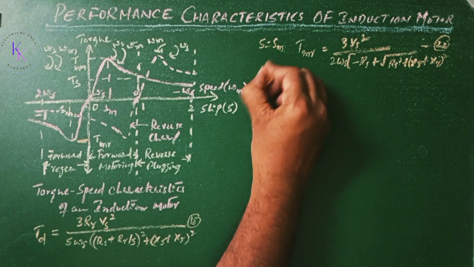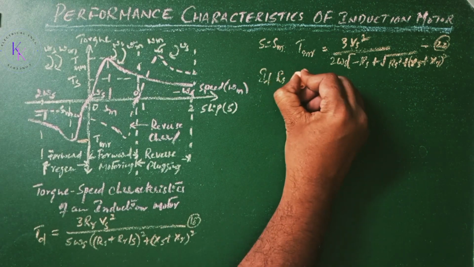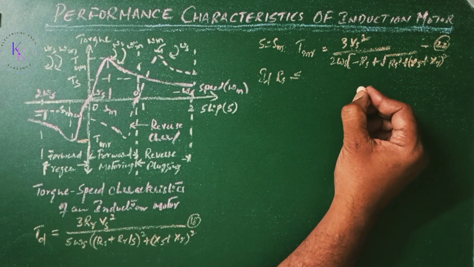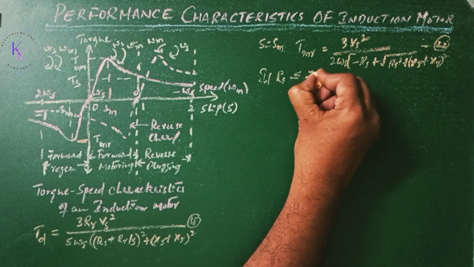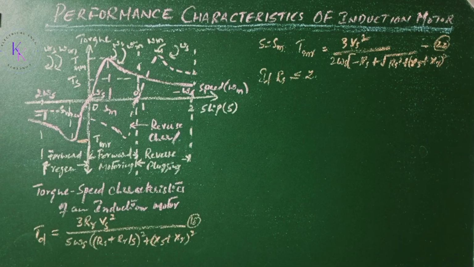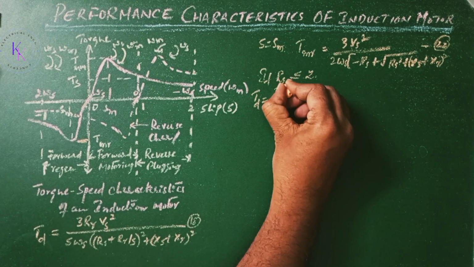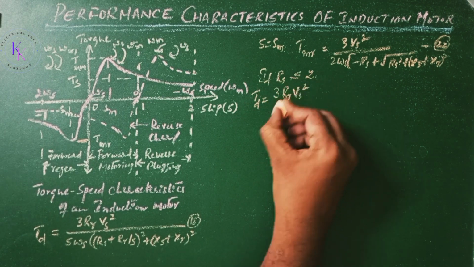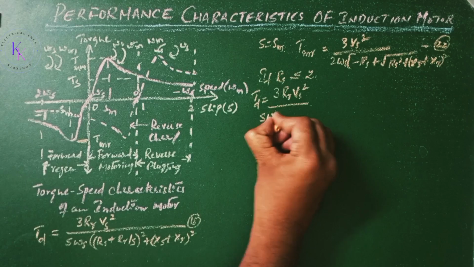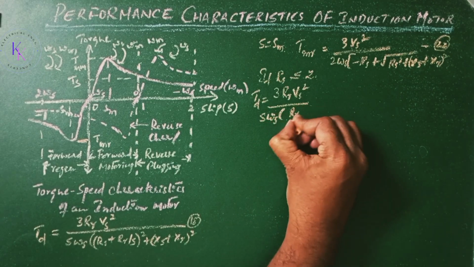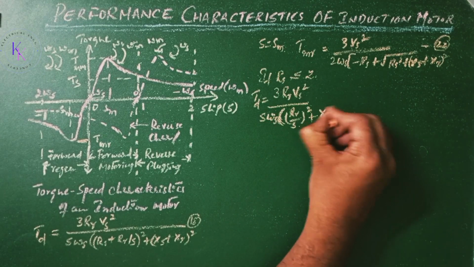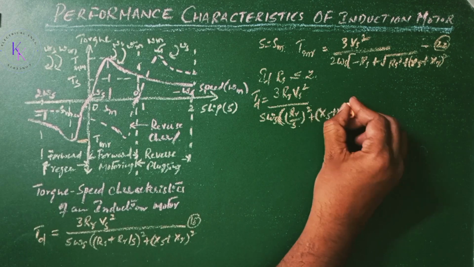Now if Rs is small when compared with other circuit impedances, which is usually a valid approximation for motors of more than 1 kilowatt ratings, the corresponding expressions become Td equals 3 Rr Vs square divided by S omega s of (Rr by S plus Xs plus Xr) square.